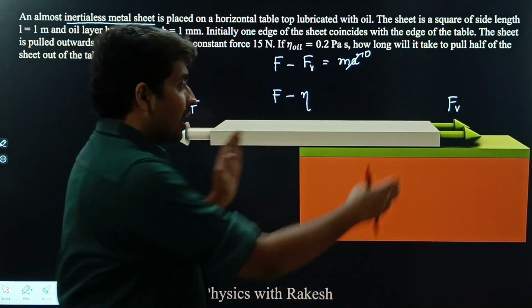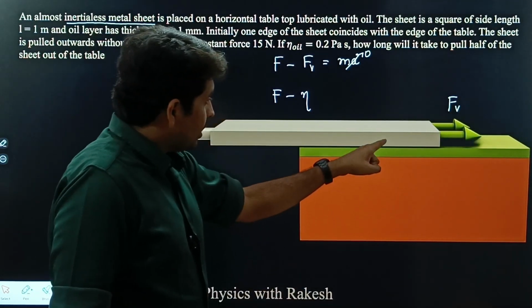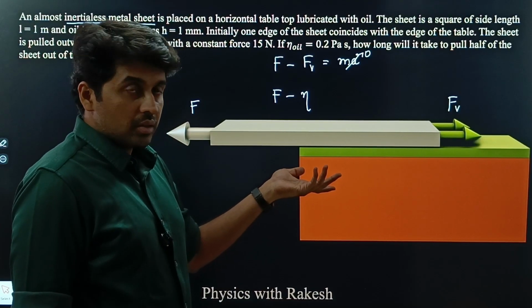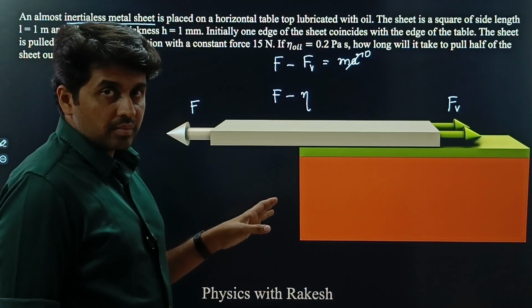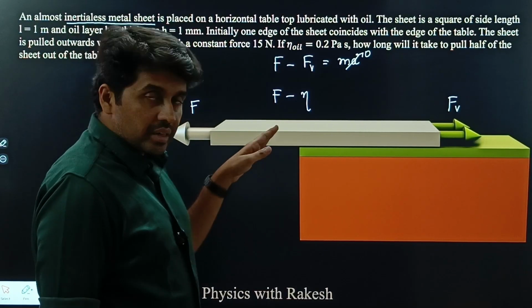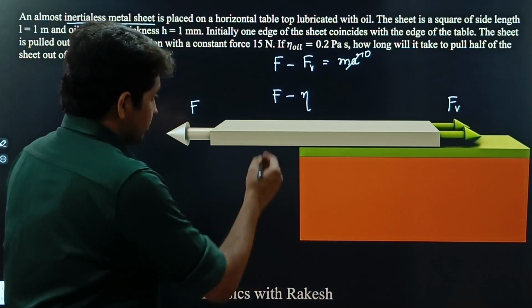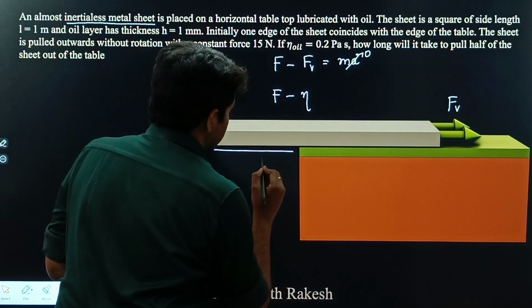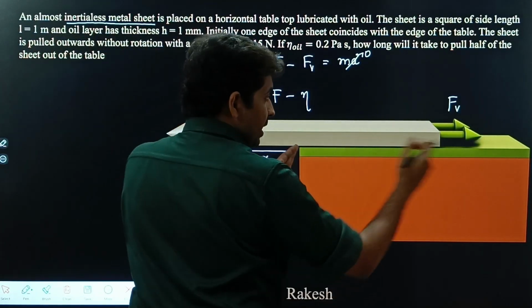See, what is happening is, as the plate is moving this side, the area of the plate in contact with the lubricant is changing. So this viscous force is going on changing. At a certain time, let us write the viscous force. Suppose the distance from here to here is x. So this distance will be L minus x.